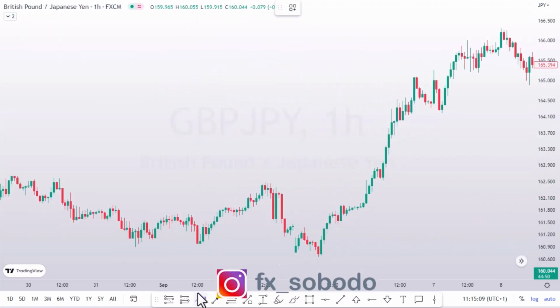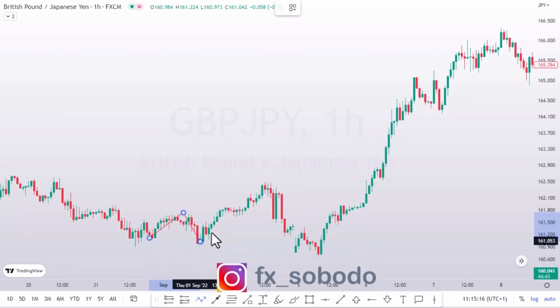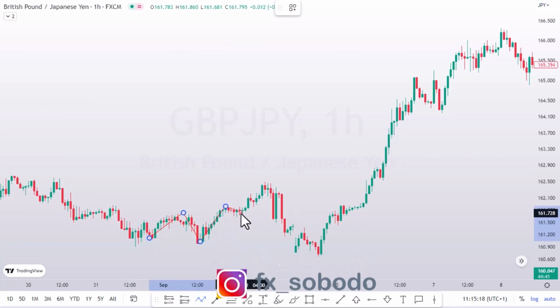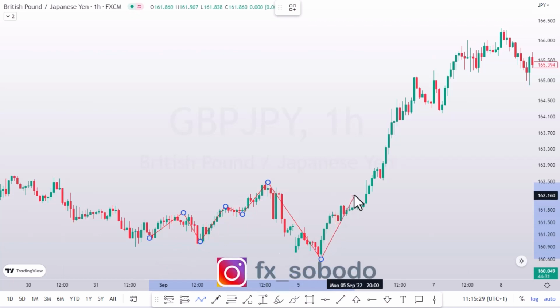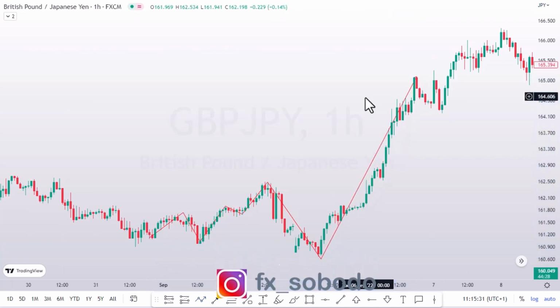Let's see here. We notice the structure of the market, as you can see, in this manner. Okay, it came again. Let me continue moving all the way to the upside like this. Alright.